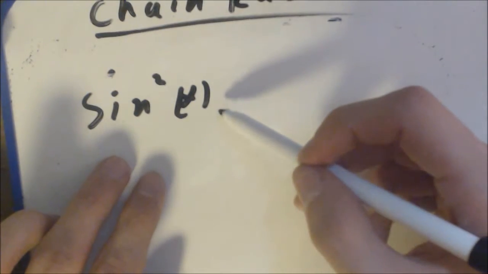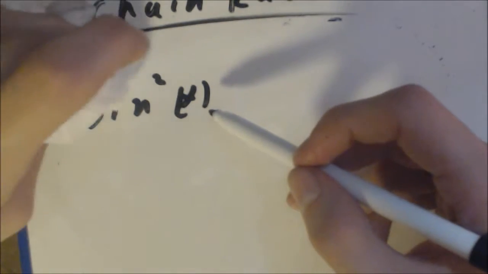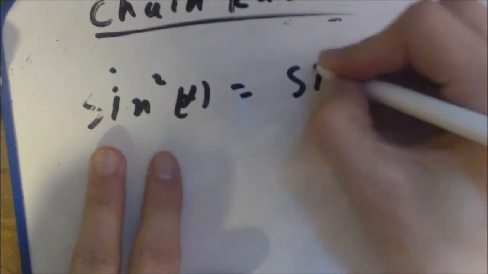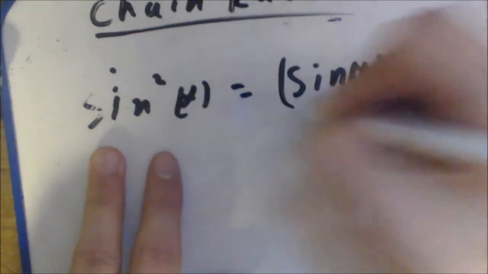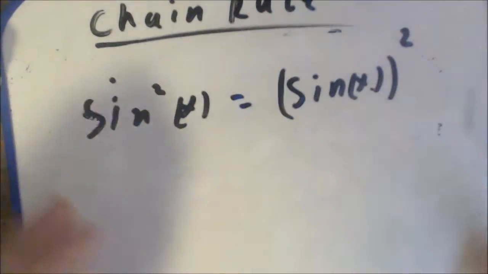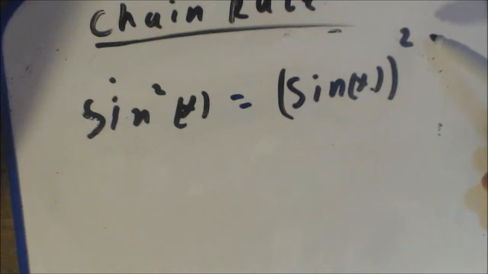Alright, we're going to find the derivative. Again, we're doing another example, of sine squared x. This is another trick that the professor or teacher might give you. This is actually the same thing as sine of x quantity squared, so you can visualize it better, because you can see the power up there.